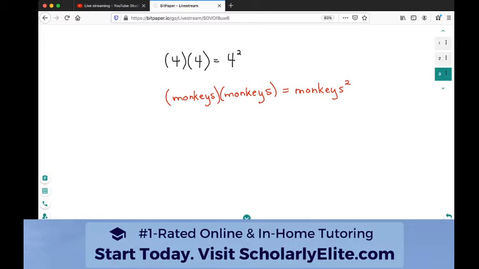And the only way that this actually applies is when the base, or this term, like monkeys, or here we've got the number 4, right? That term has to be exactly the same. If it is not exactly the same, you cannot multiply the exponents. Now, why does it turn into the power of 2? We're going to talk about that in the next step.